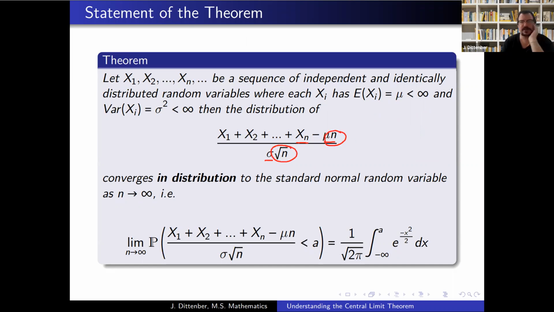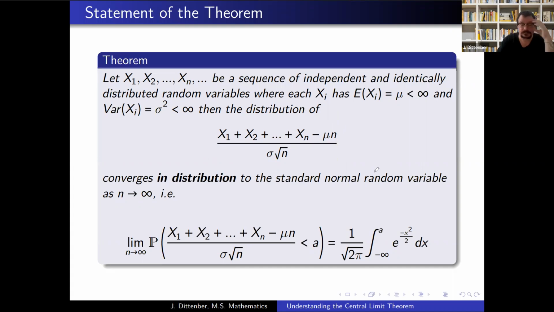Okay, so that's just something I want to draw your attention to right now, and we'll explain it in more detail later on. So there's a similarity that you might notice between the z-score formula and this thing that we have created by taking a sum of our random variables, adding together x1, x2, and so on.